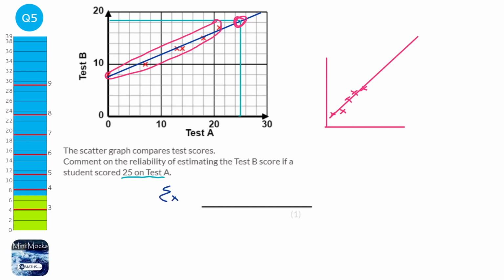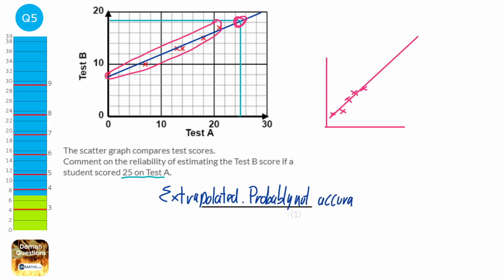We say that the data has been extrapolated, and what that means is it is probably not accurate. When you have a prediction outside the range of the data, we say it's probably not accurate. If it was inside the data, we would say it's interpolated, and that's actually quite accurate.